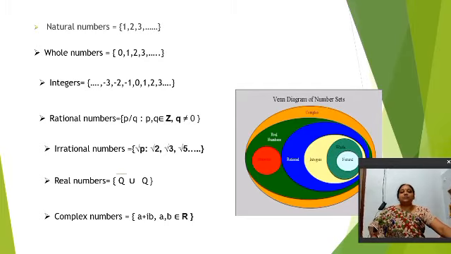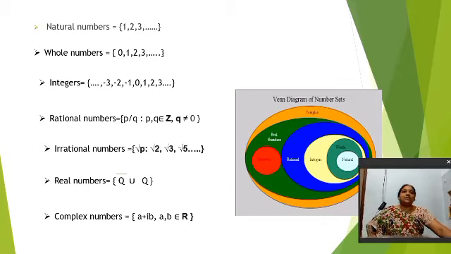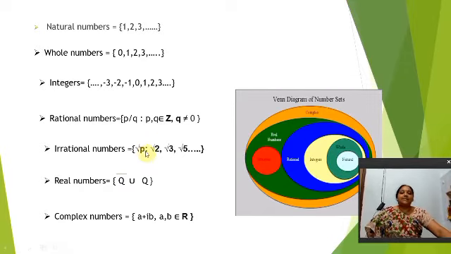Next we go to irrational numbers. Irrational numbers are the numbers which are not rational, or otherwise the numbers whose root cannot be taken out, in the form of root p, where p is a prime number. For example, root 2, root 3, root 5 and so on. Irrational numbers are generally denoted by Q bar.